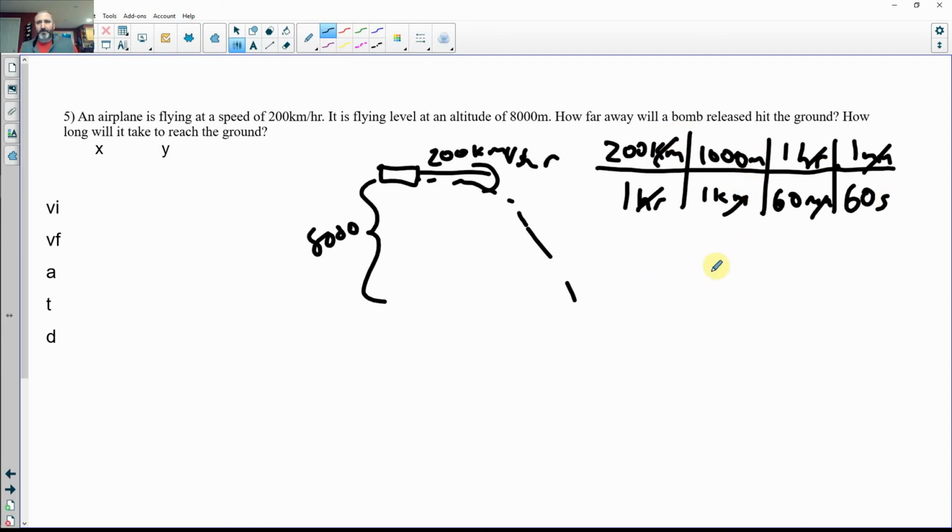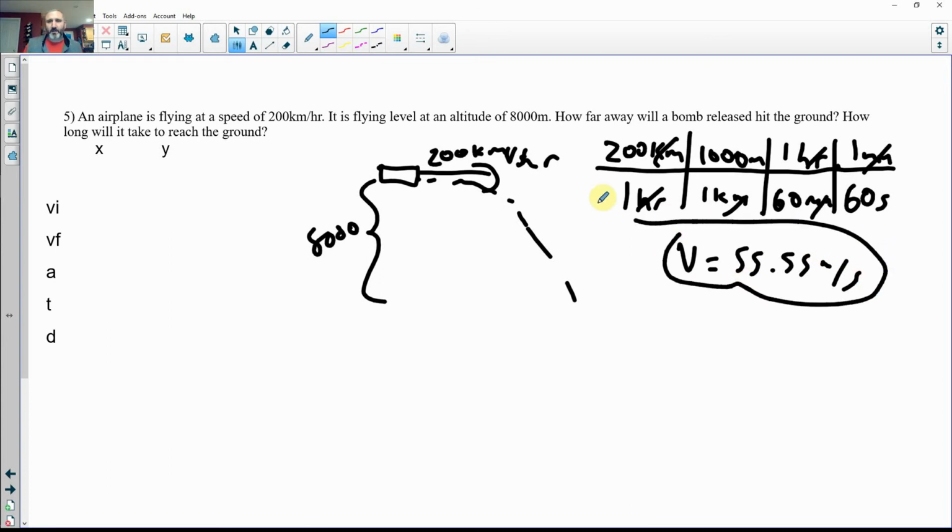So now all I have to do is 200 times 1,000 times 1 times 1 divided by 60 times 60, which is 3,600. That's going to be a speed of the plane of 55.55 meters per second. And that can go over there.